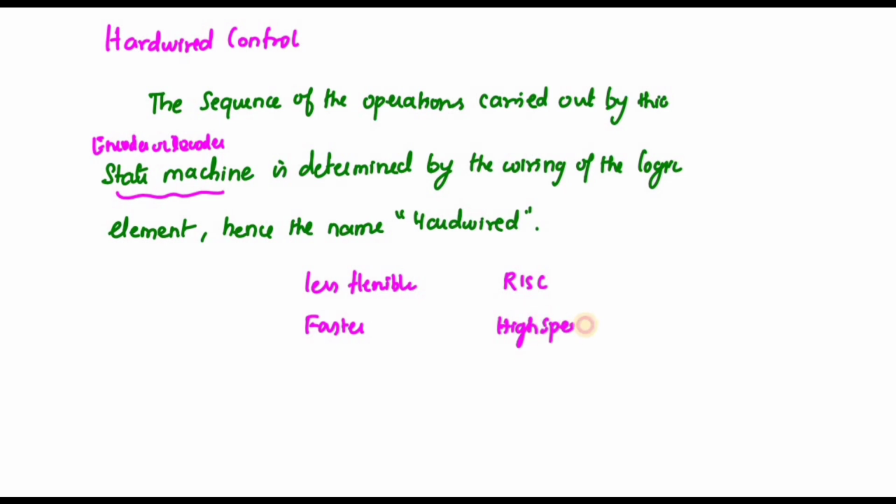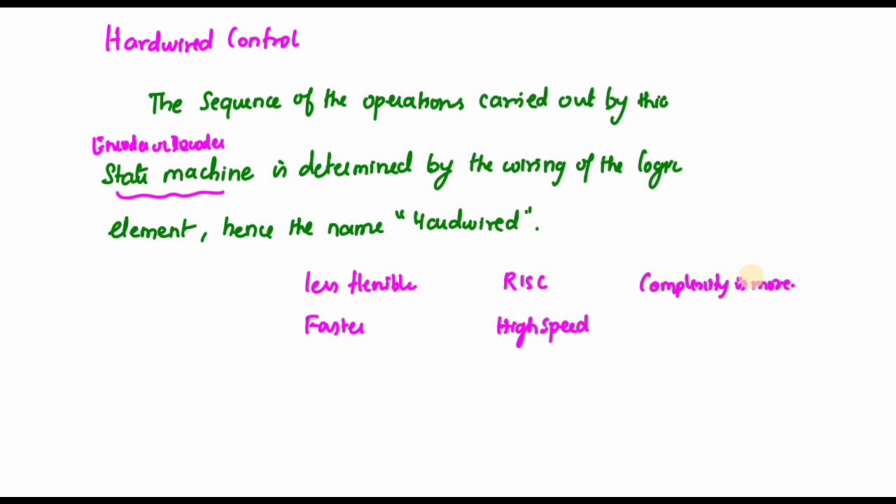Okay, now let us discuss so what for we require a state machine. Here the state machine will change from one state to another in every clock cycle, which depends on the content of this instruction register.